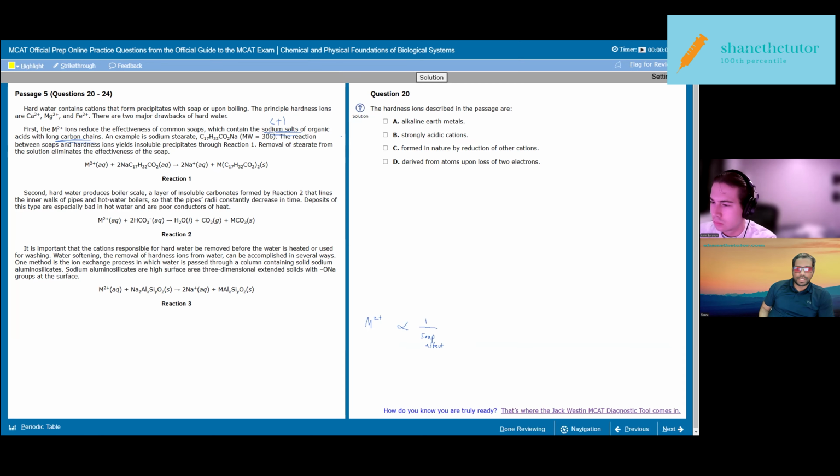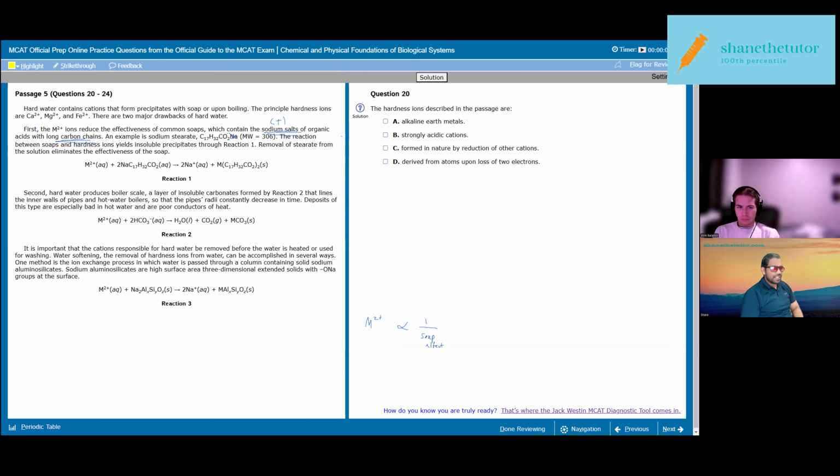And it could make sense because it will form precipitates with soap, maybe turning it into a solid when you want it to have a positive or a negative end. An example is sodium stearate. In solution, the sodium dissociates, and this will just be a negative charge then, and that'll be the part that's water soluble.